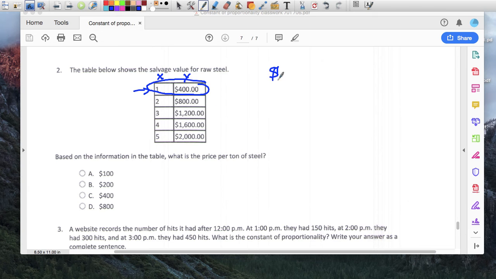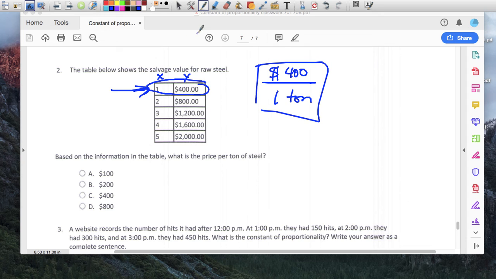It's $400 per 1 ton of steel, and that's our unit rate right there. You can tell this is a proportional table because it's times 400, times 400, times 400, times 400. So k would be 400, just in case they asked you.